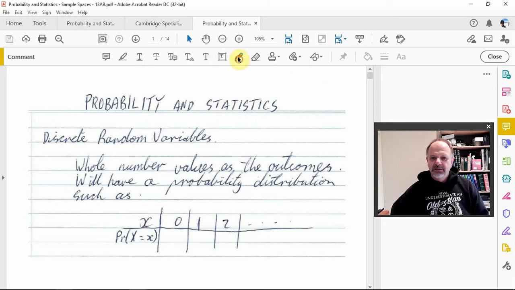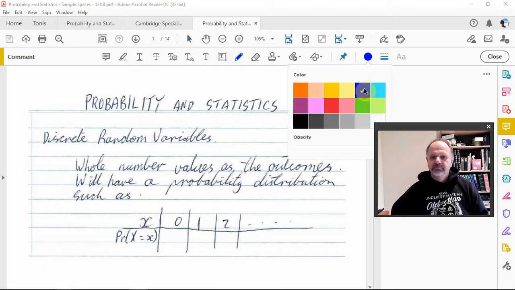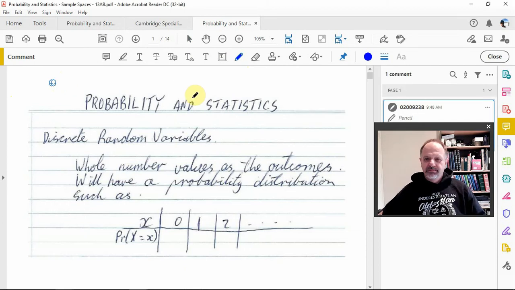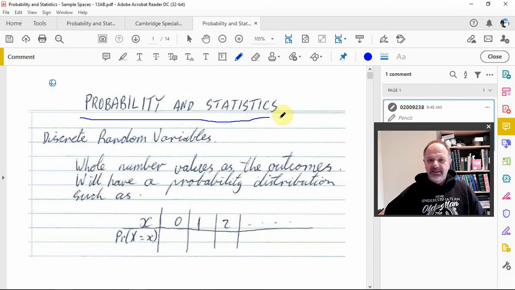All right, last topic. So some of this that we're going to be doing today in particular, but in others in this probability and statistics topic, we do bits of in methods as well. So you will have done some in methods of it. So certainly this first bit, discrete random variables, just a reminder, whole number values as outcomes.